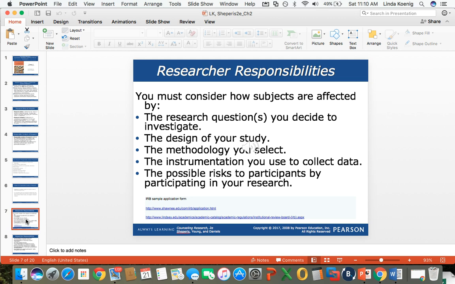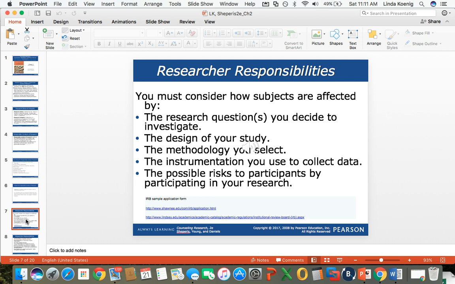So as one of our considerations, we're going to have to figure out what that impact is, and then our IRB, or Institutional Review Board, is going to ask us how to minimize any risk to our subjects or how to make it right if we end up destabilizing emotionally a research subject because of the matter that we are researching.